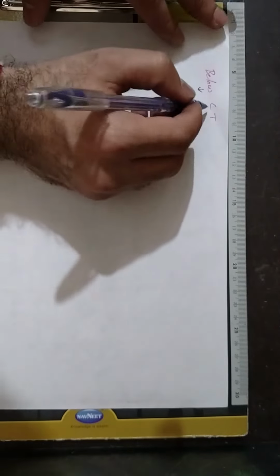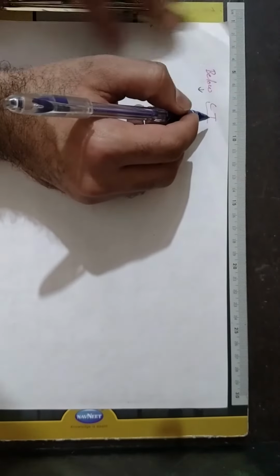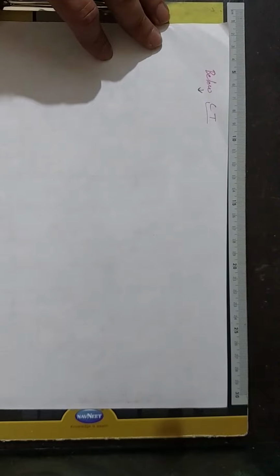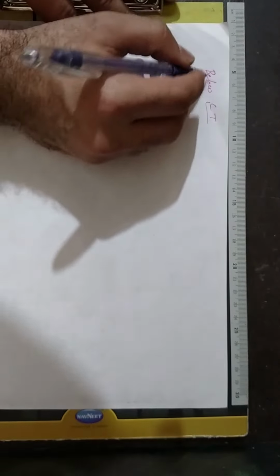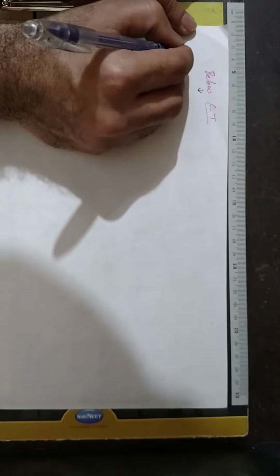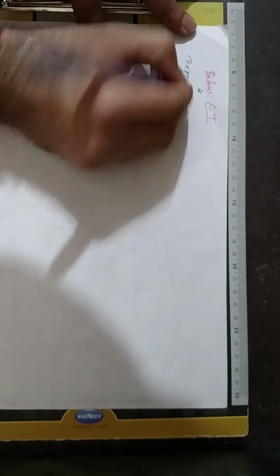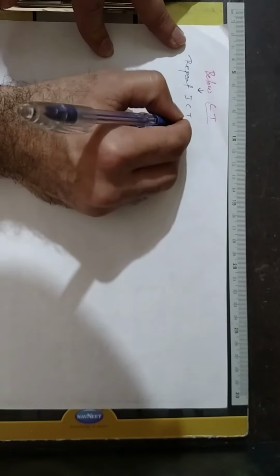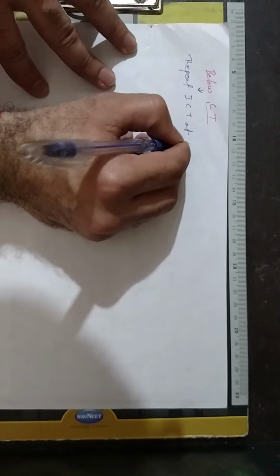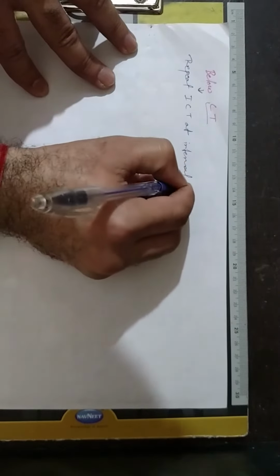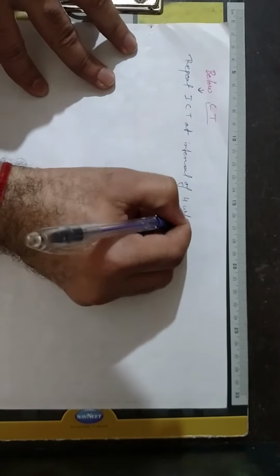Very little sensitization has happened, and this is not enough to make us worry. So what we do now, we repeat ICT at an interval of 4 weeks.